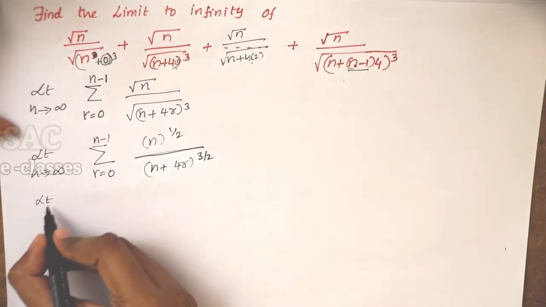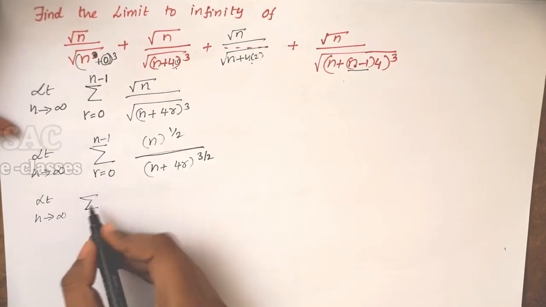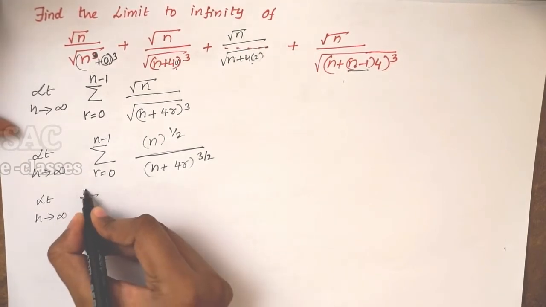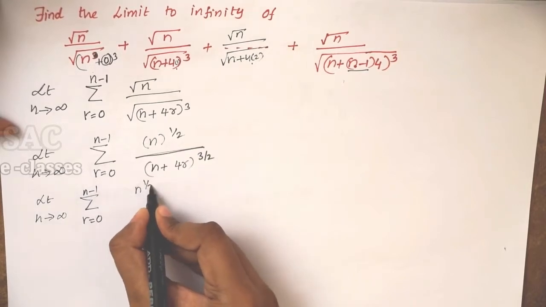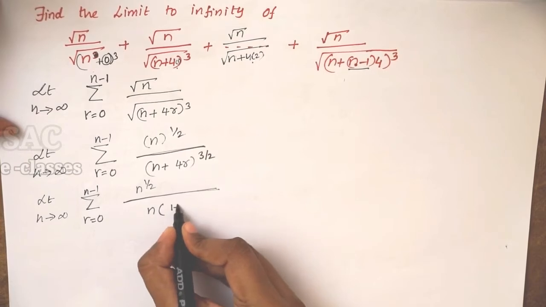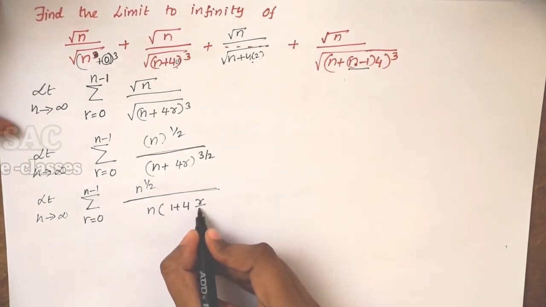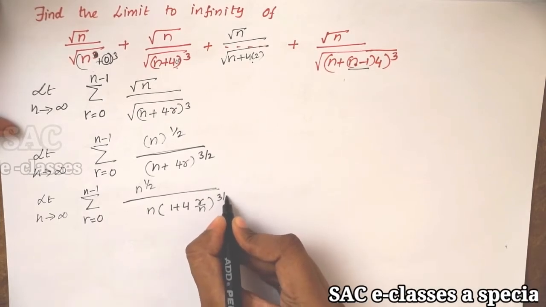Now take n out: n into (1 plus 4 into r by n) whole power 3 by 2.